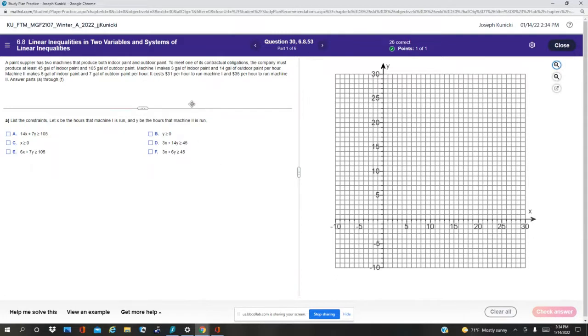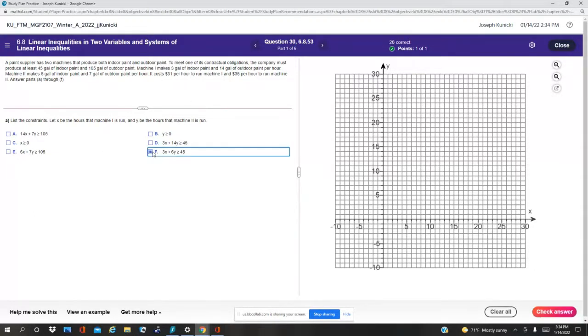So machine one must make 3 gallons, 45. Okay, so machine one is X. It does indoor paint, 3 of them. Machine 2 does 6, so 3X plus 6Y has to be greater than or equal to 45.